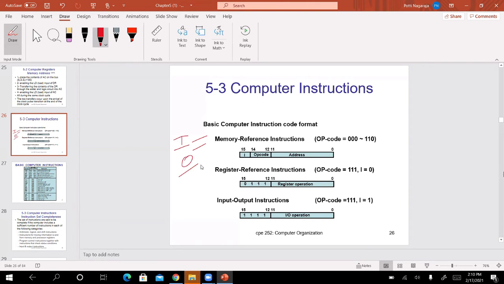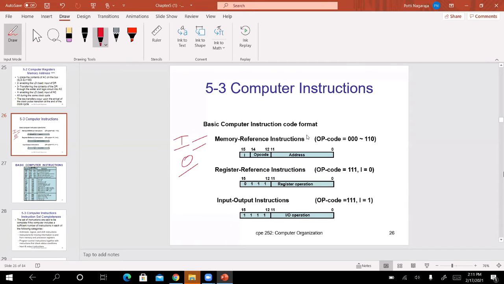When I equal to 1, it is indirect addressing. When it is direct addressing, the format is opcode followed by the address of the operand, whereas for indirect addressing, it is opcode followed by the address of the operand.